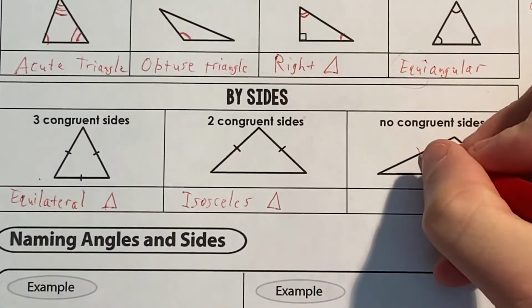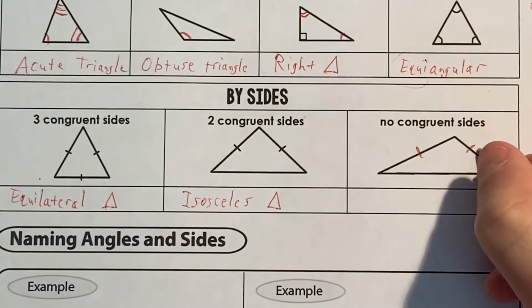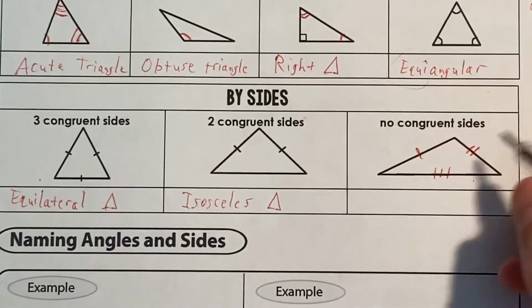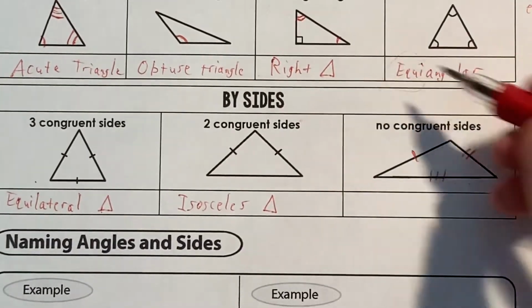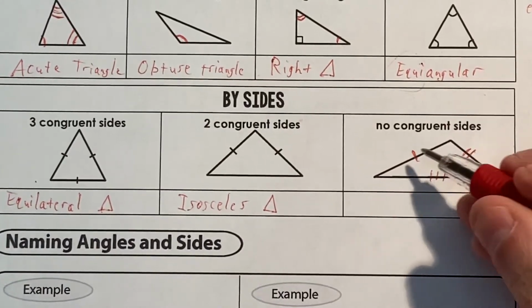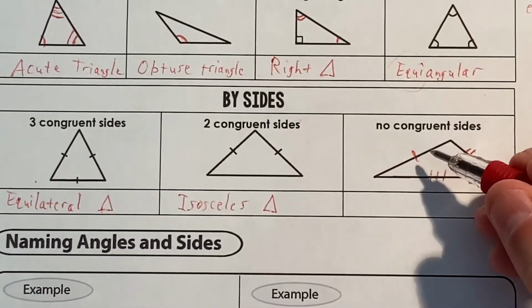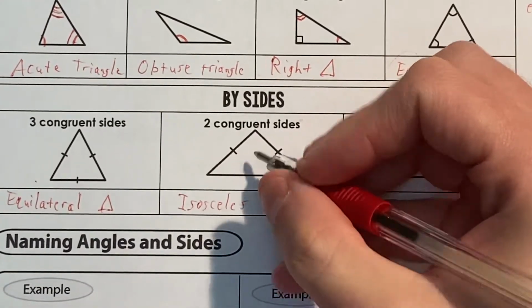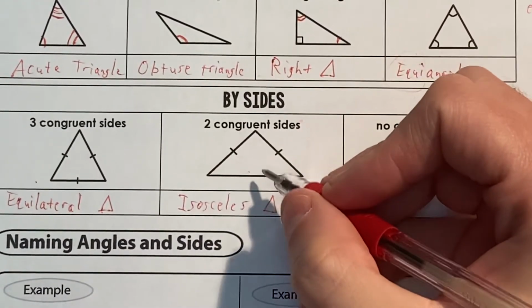And then most people don't remember no congruent sides. So like if this is length 1, this is a completely different length, and this is another completely different length. Much like the arcs, a different amount of little tiny lines says that they are different. So these two are the same, but this one is not labeled because maybe it's the same, maybe it's not.